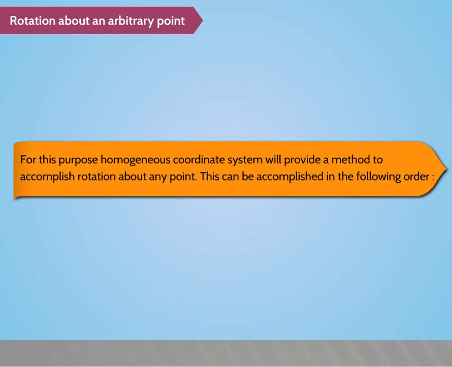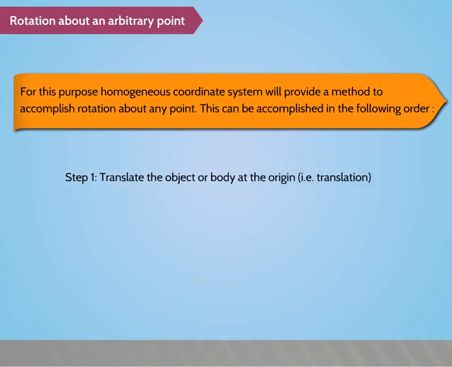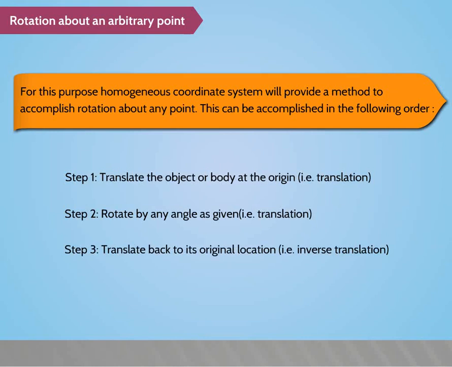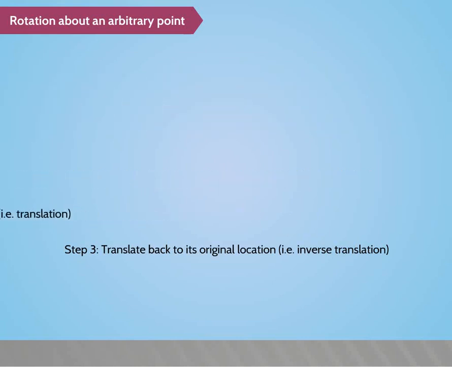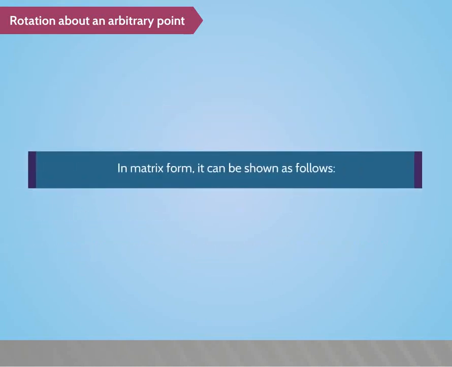This can be accomplished in the following order. Step 1. Translate the object or body to the origin, that is, translation. Step 2. Rotate by the given angle, that is, rotation. Step 3. Translate back to its original location, that is, inverse translation.